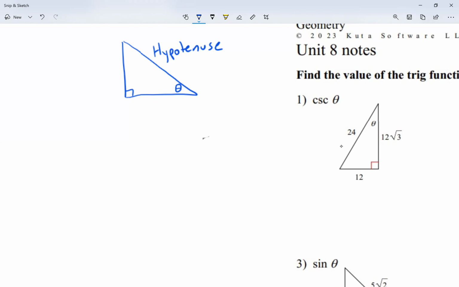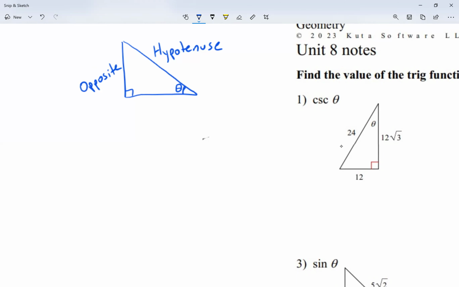In geometry, opposite means far away. Right? Kind of think when you're walking on a sidewalk, what's the opposite side of the street? Well, far away. So opposite means far away. Adjacent means close to. So I see where theta is. This is the corner that is theta. Opposite is the side that is far away from that corner. So in this case, this side is what I'm going to call opposite.